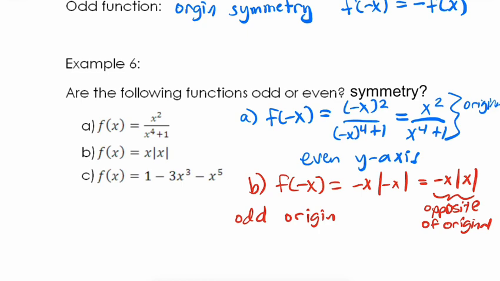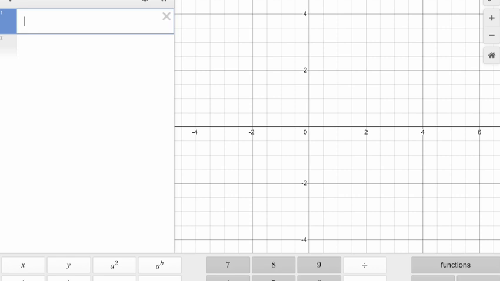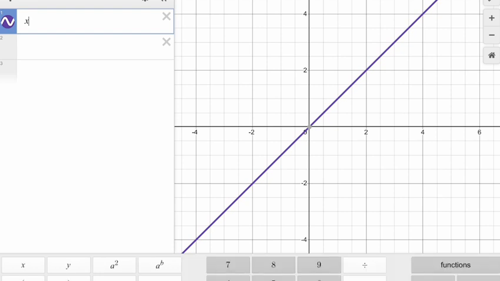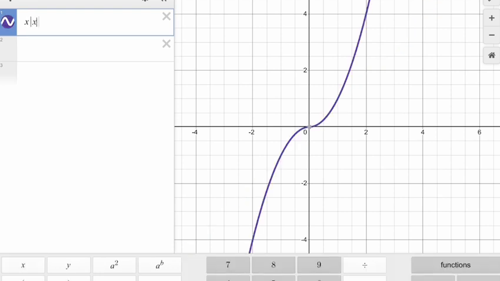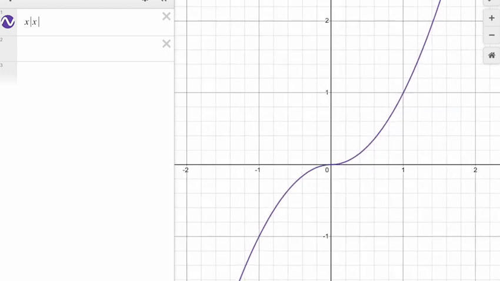Now let's go ahead and check what that looks like in Desmos. Okay, so let me put that in Desmos. So if I look at x times the absolute value of x, see what happens. It looks very much like a cubic, doesn't it?